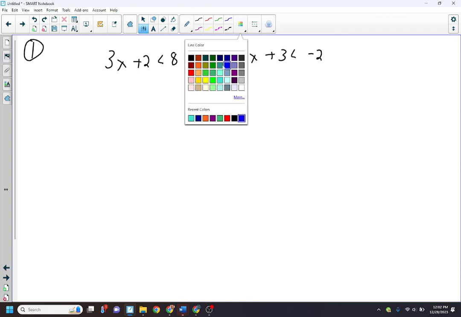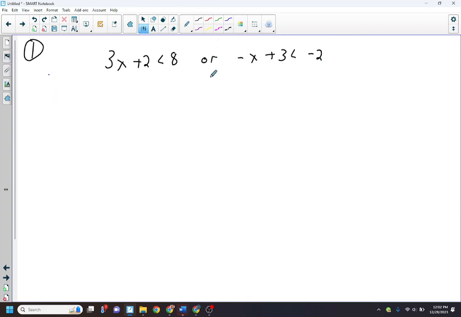In this scenario, you're just solving each one separately and graphing them together. Because it's an or statement, you should know your final result should look like they're going opposite directions. It's one way or the other. So that's why it's an or statement.